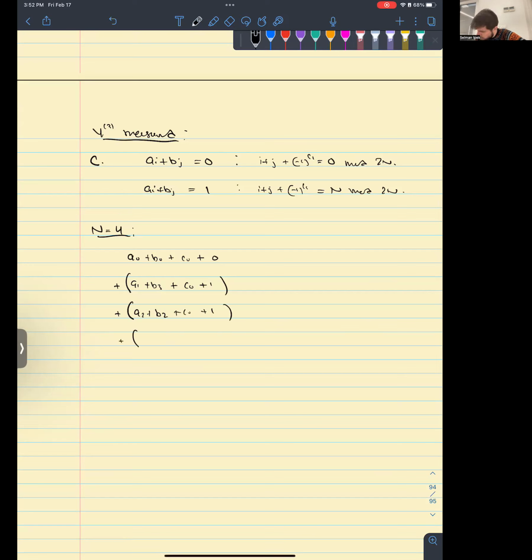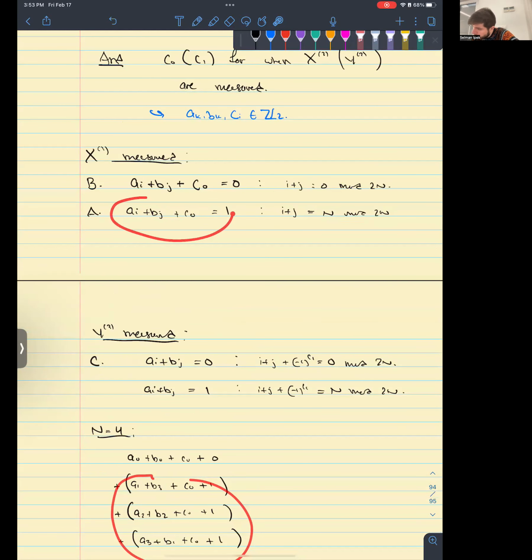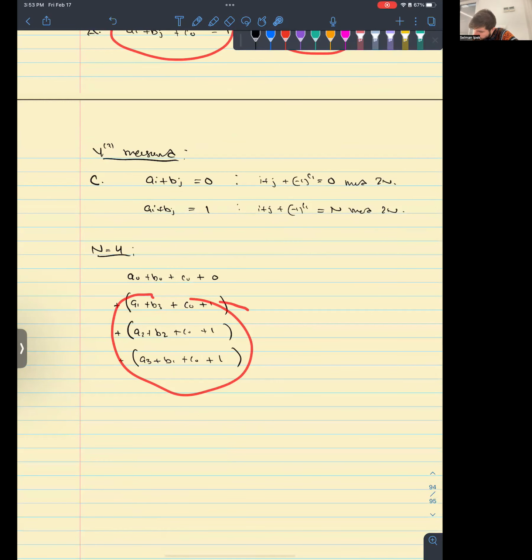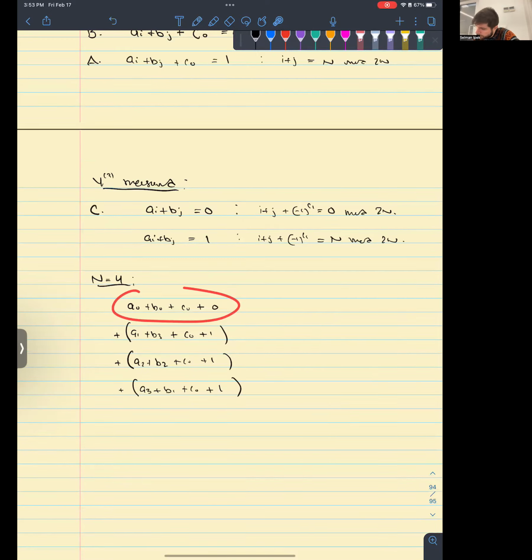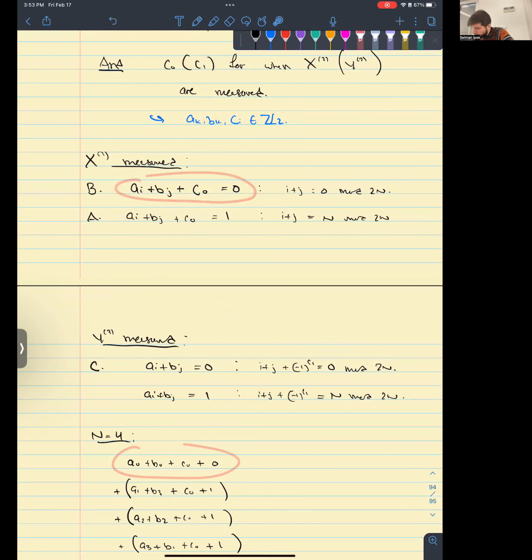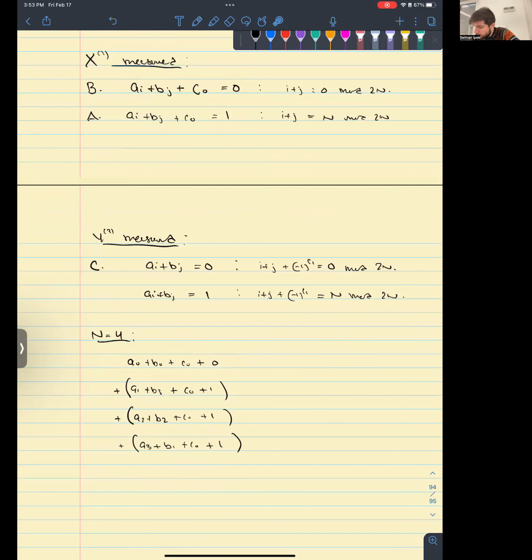And then also A3 plus B1. More or less, all I'm asking is that you believe that these equations are coming from this set right here, right? This is I plus J equals N. And when I look here, I'm setting N equals 4, I plus J equals N. So that's just coming from that set of equations. This one is coming from the first set right here. So 0 plus 0 is 0.